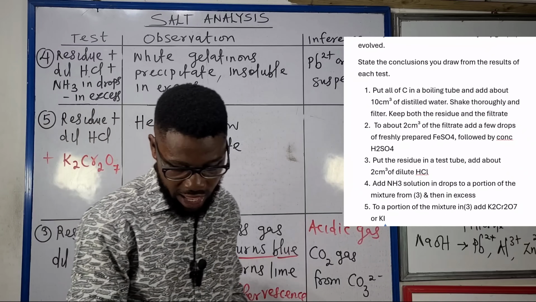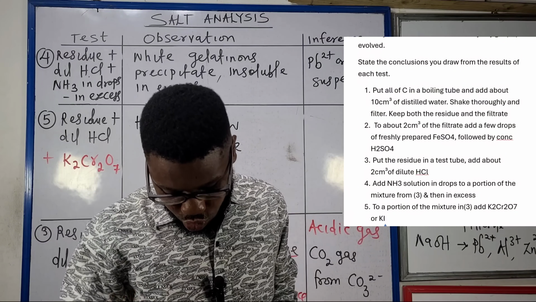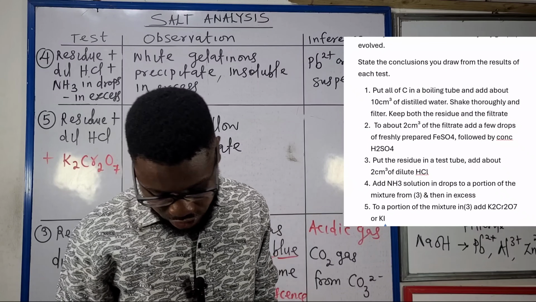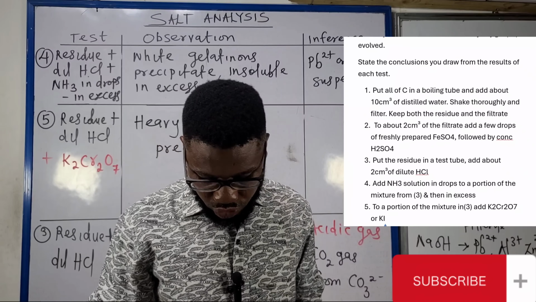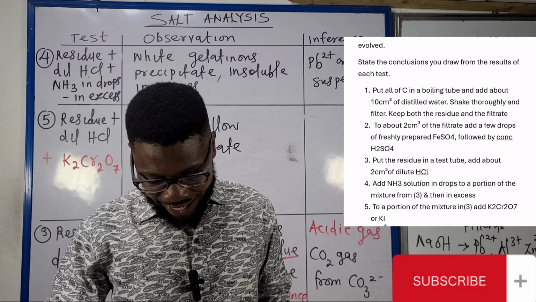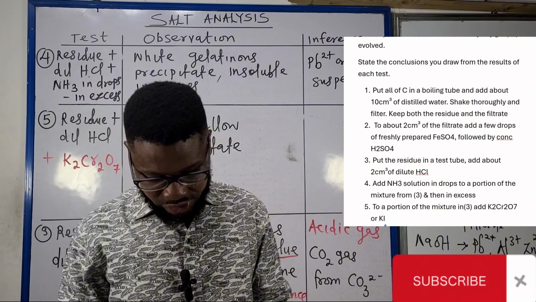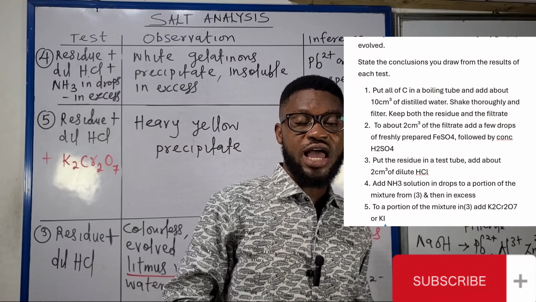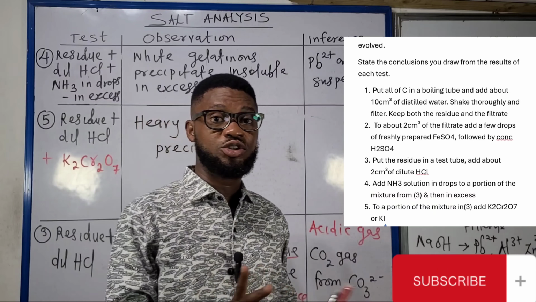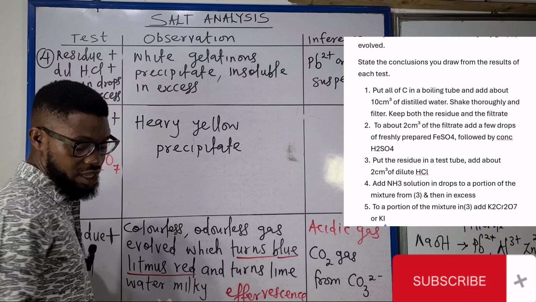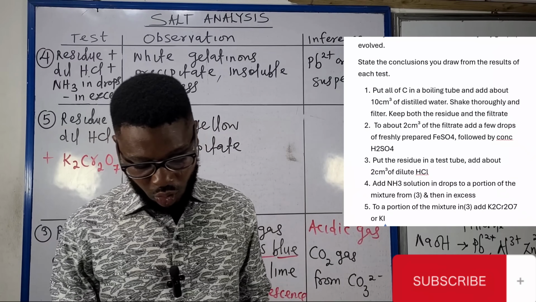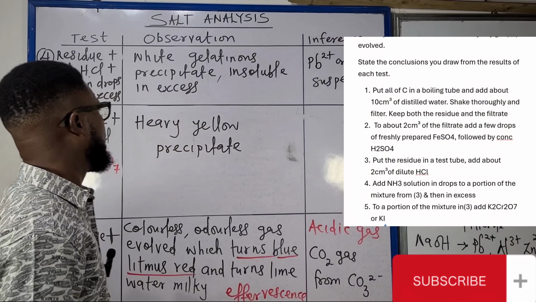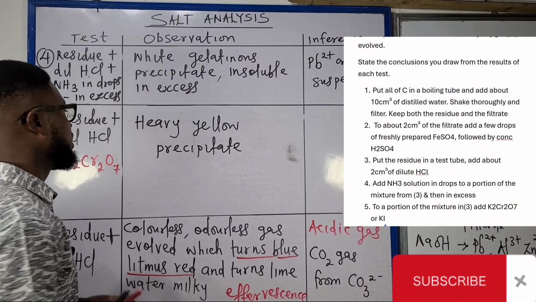It says, as you can see in that question, to a portion of the mixture in 3, add K2Cr2O7, that is potassium heptaoxodichromate VI, K2Cr2O7, or potassium iodide. Any of them can be used in this case. So either you have potassium heptaoxodichromate VI or potassium iodide, you're still going to get the same result here.